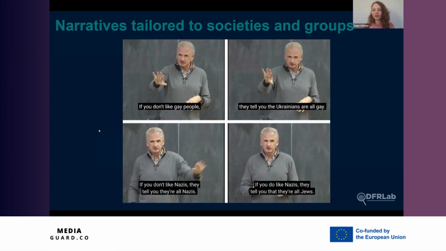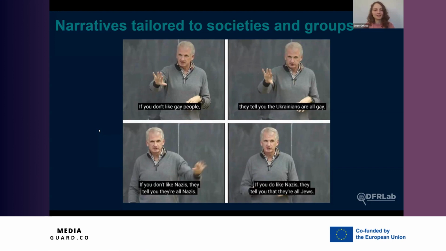On this one screenshot from Timothy Snyder, a very famous historian, we see at least 3 narratives. If there is a conservative, traditional society against LGBTQI rights, then they might say that the Ukrainians are all gay and this is why we need to invade.